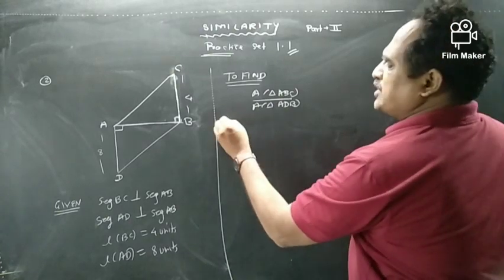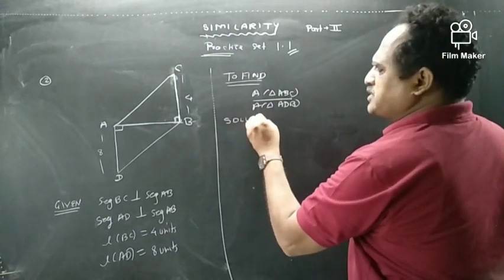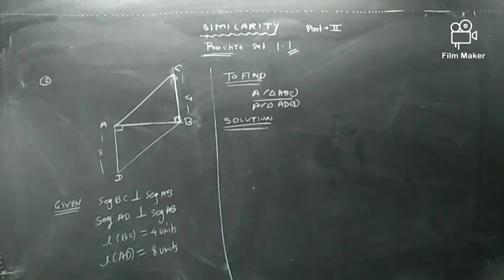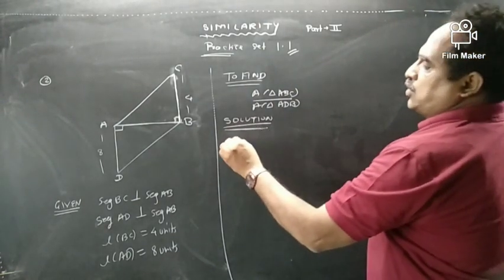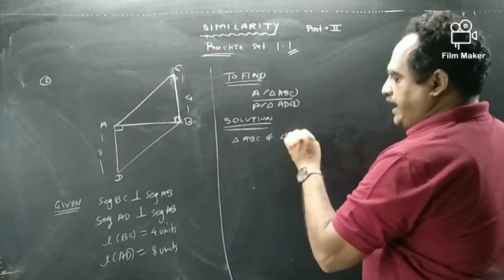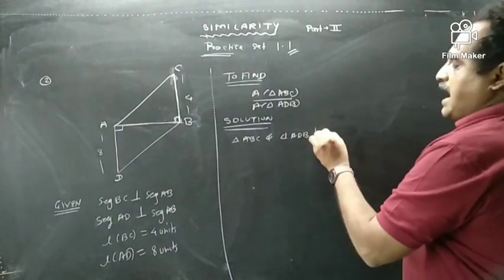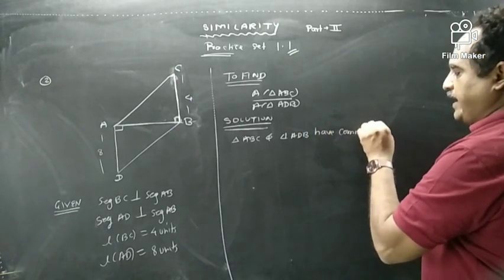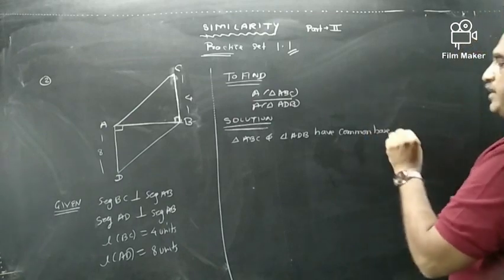In this question, I think you have studied the possibility. Now it is very easy for you. Triangle ABC and triangle ADB have a common base. Which is the common base?